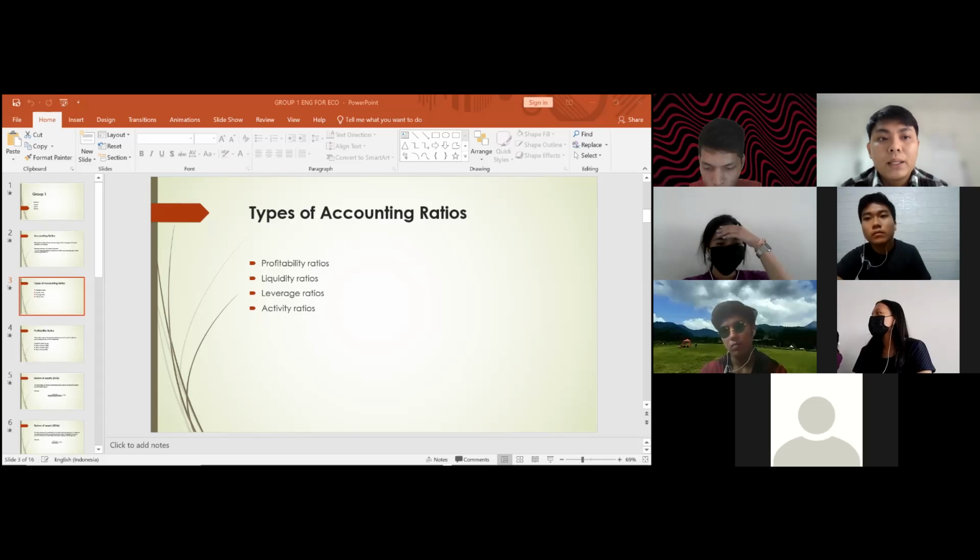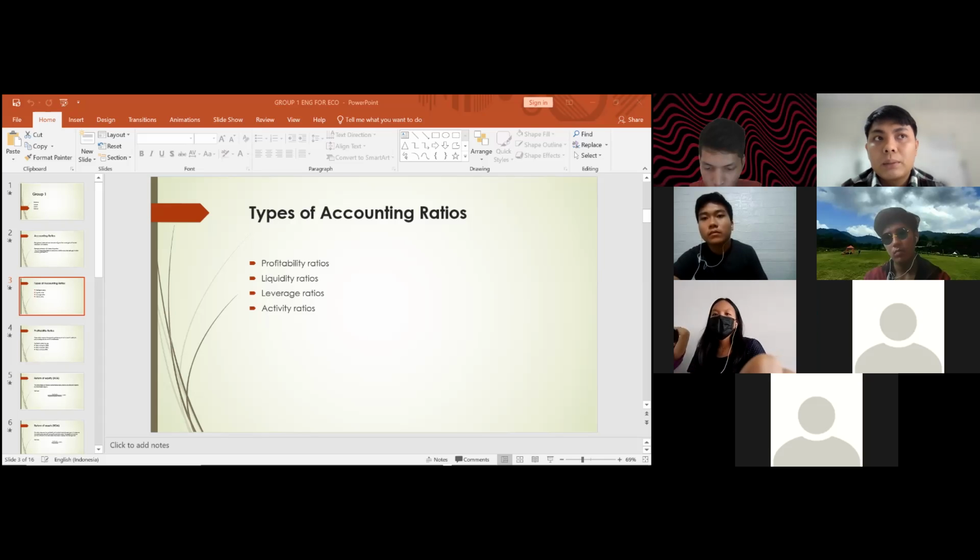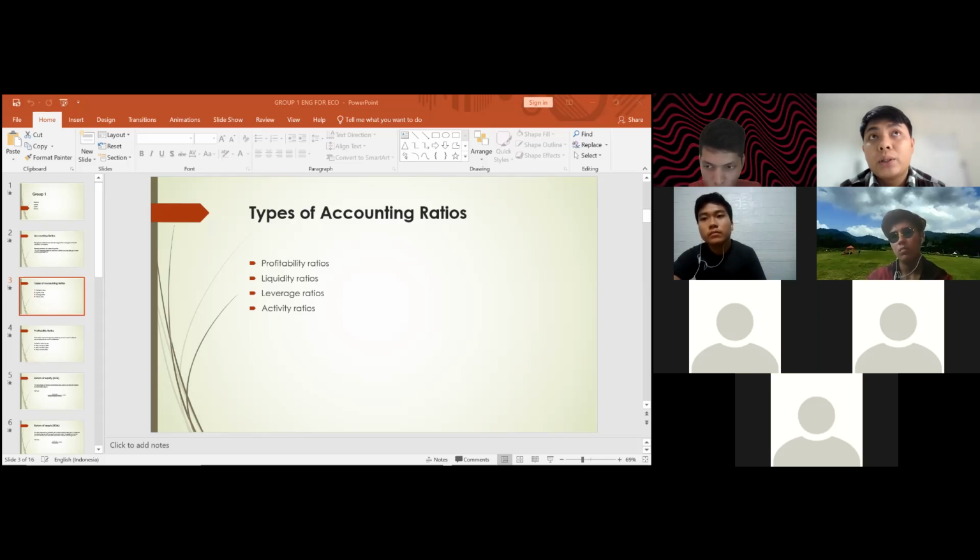Let's say we talk about the profitability ratio, where we check the result or performance relating to how they earn a profit. Simply said, the profitability ratio is easy to understand because we can directly see the net profit and the margins.